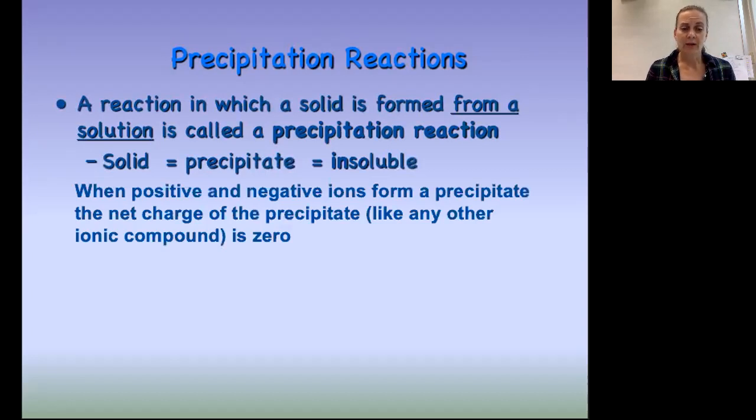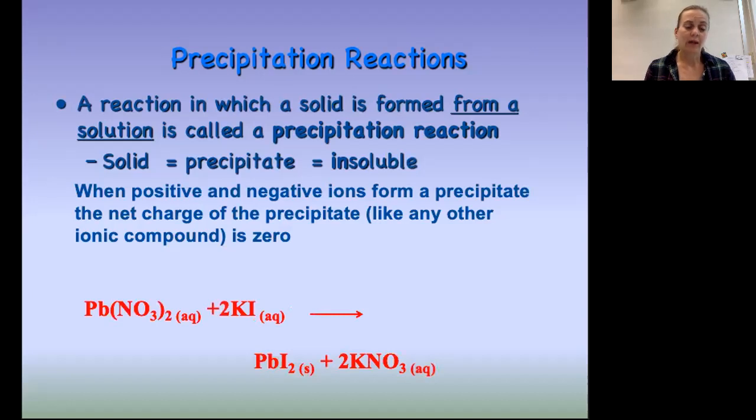When our positive and our negative ions come together to form a precipitate, just like any other ionic compound, the net charge of that precipitate has to be 0. So if we look at our example here, we have a solution of lead(II) nitrate reacting with a solution of potassium iodide.